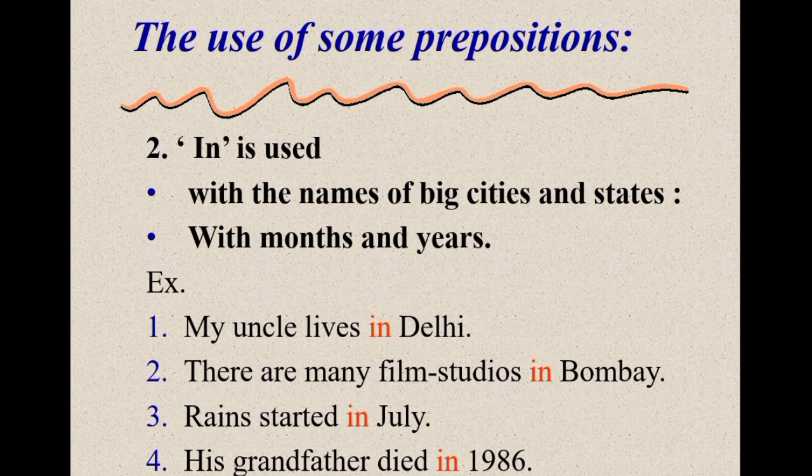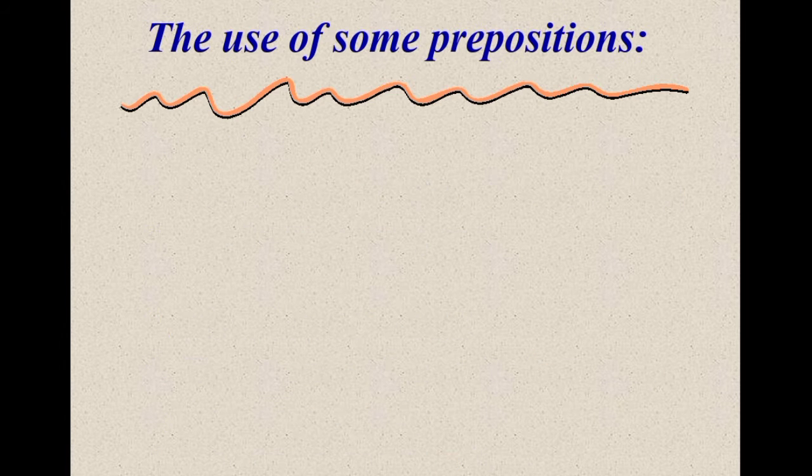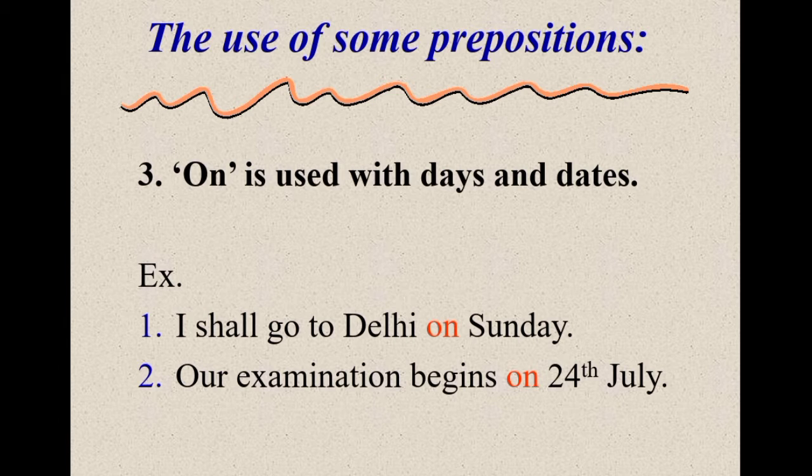Fourth, his grandfather died in 1986. Means it is a year. 1986 is a year, so we have used the preposition in. Okay friends, hope you have understood the preposition in.